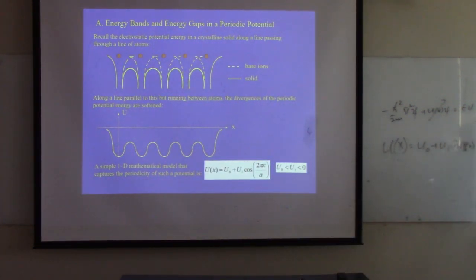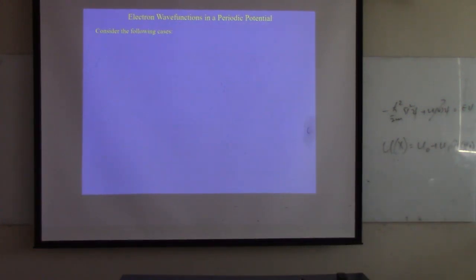So now let's consider one situation. If U1 is 0, then it was just like before, right? That means you get the same. So your energy should be simply E = h-bar squared k squared over 2m.